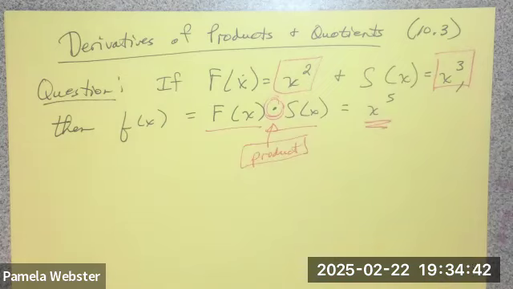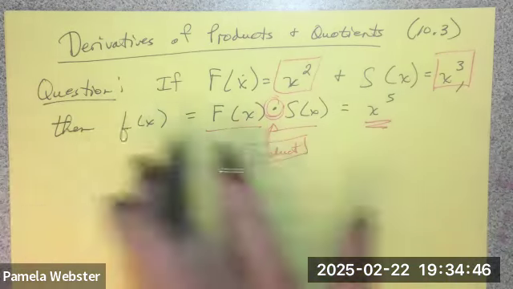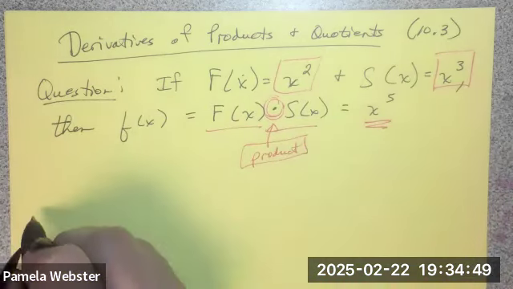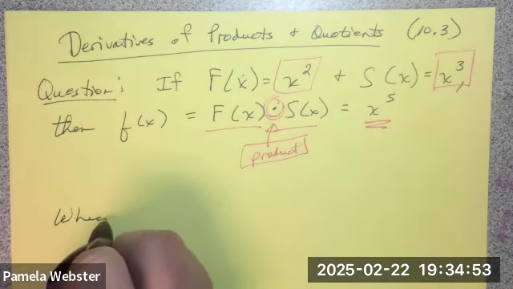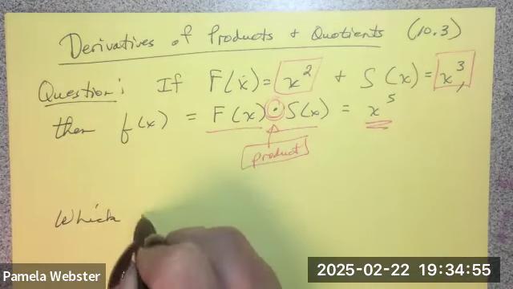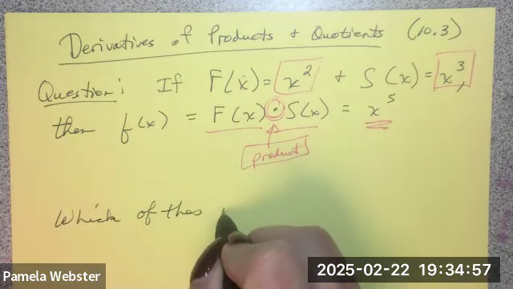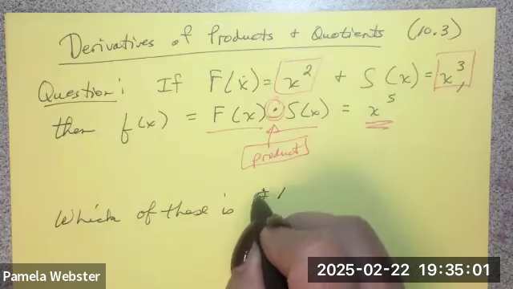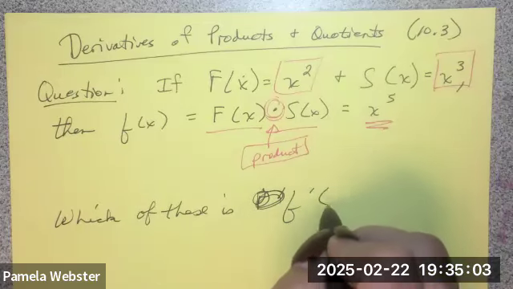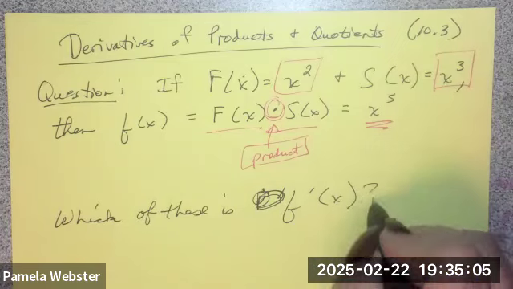Okay, so the question becomes, so I'm not finished. That's just the setup. So the question is, which of these is f prime? I'm sorry, lowercase f prime of x. Okay.